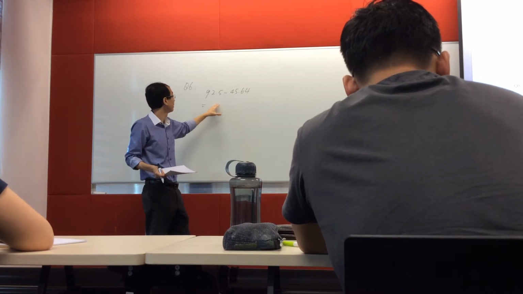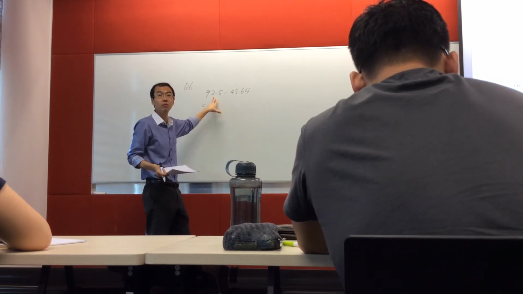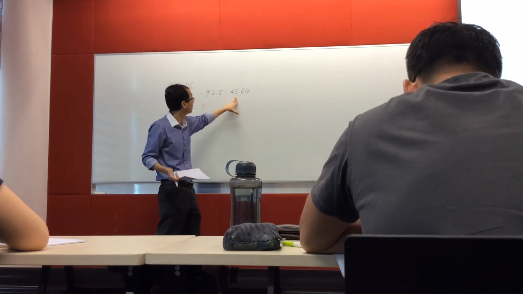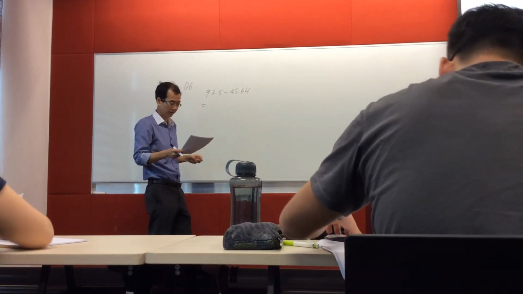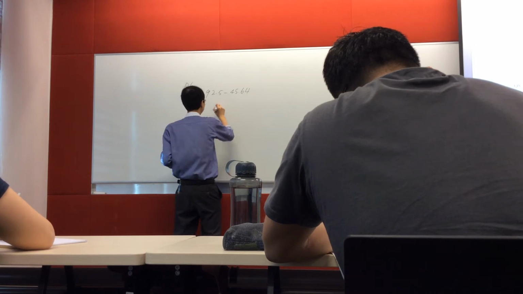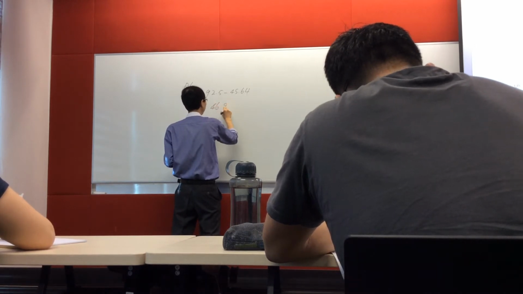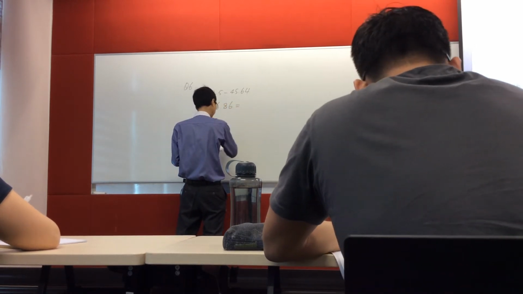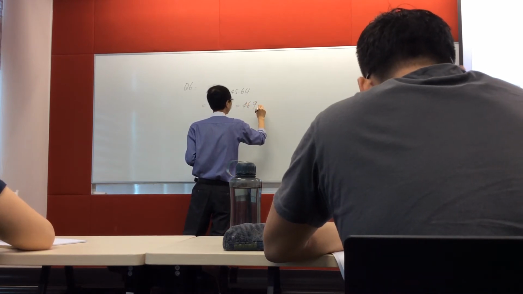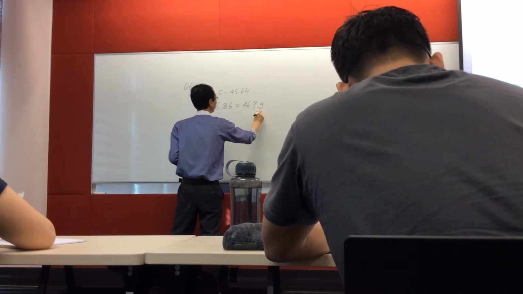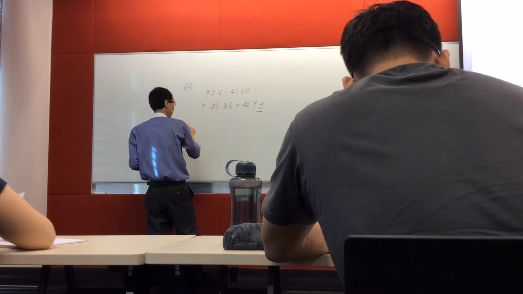The decimal places. So the first number has 1 decimal place, right? Second, 2. So the result only 1, right? Yeah. So what's the result? If you do a direct subtraction, you will get this one. So you can only report 46.9 grams. Don't forget the unit.